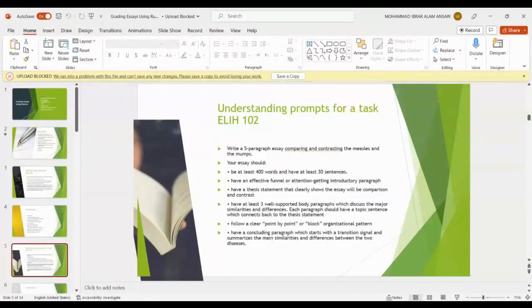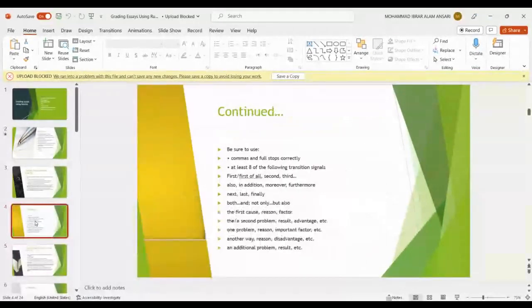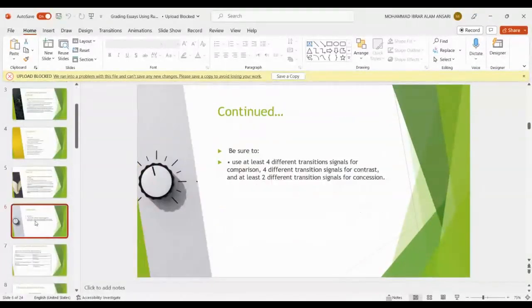And then again, a concluding paragraph with transition signals, summary, and so on. These are the important things to be kept in mind, like 4 different transition signals for comparison, 4 different transition signals for contrast, and at least two different transition signals for concession.